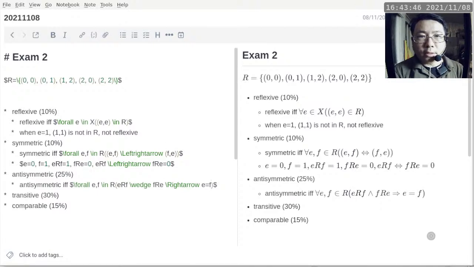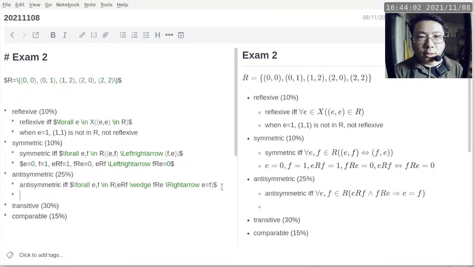So that is the definition. Yes, I know in my notes I say EF as a 2-tuple in R and FE as a 2-tuple in R, but that's just a different notation of whether a particular value relates to another value or not.